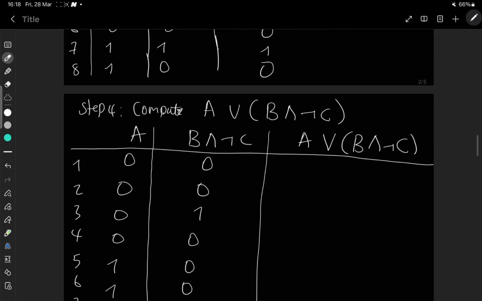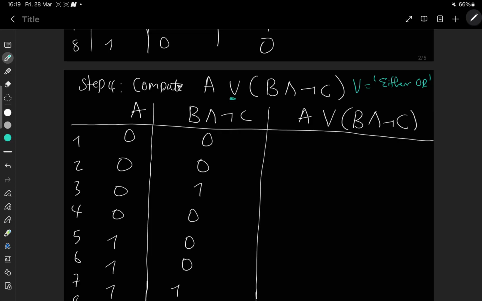Then we're now applying this OR principle. This operator here means either or. That's the either or operator, and it basically means that at least one of the statements must be what? True.